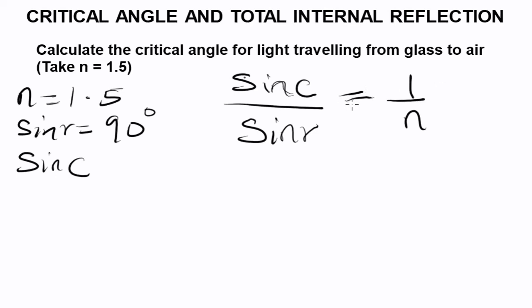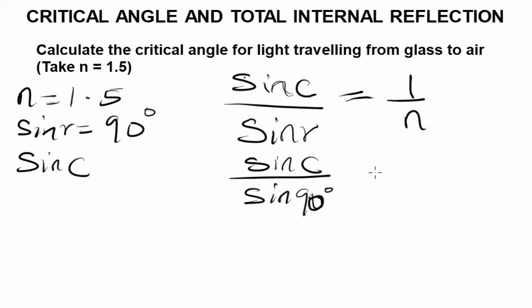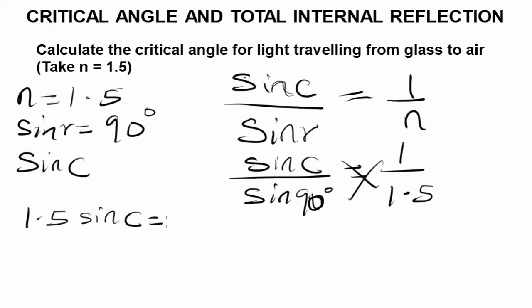Having done this, let's substitute the values. Sine c over sine 90 degrees equals 1 over 1.5. So you cross multiply, you're going to have 1.5 sine c equals sine 90, which will still give us 1.